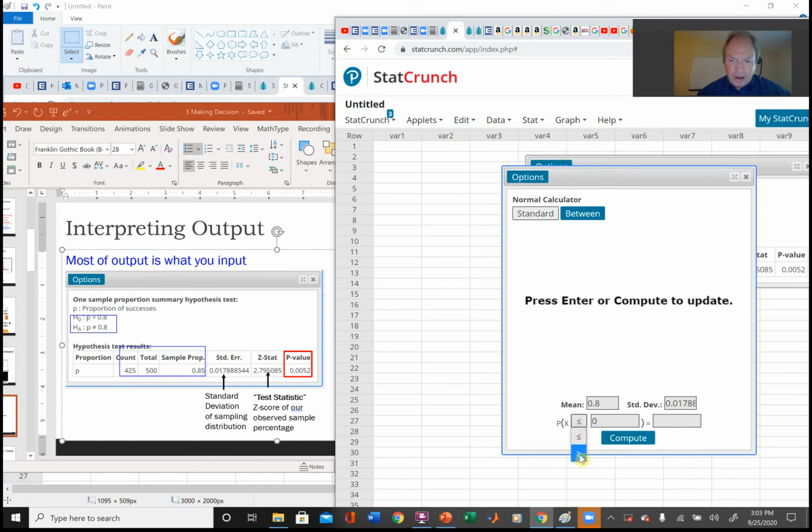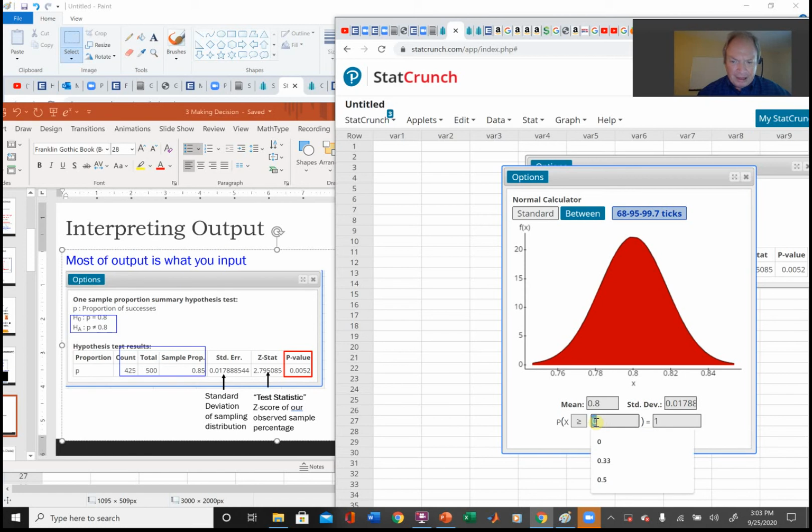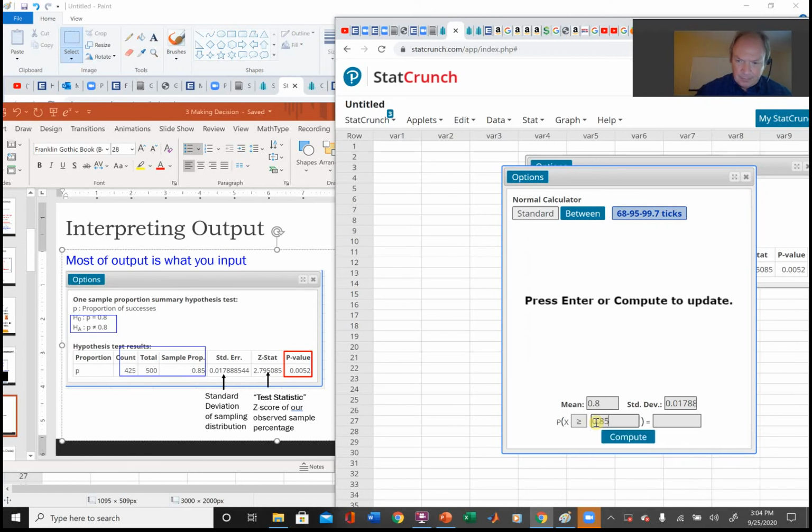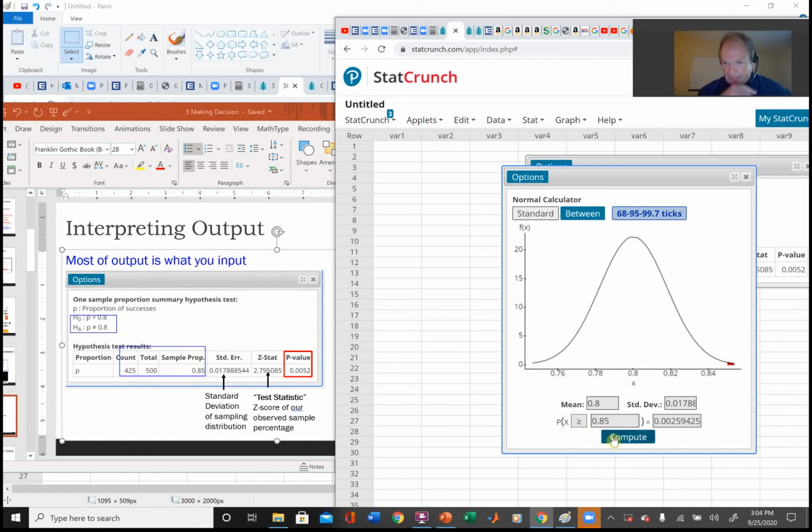And I'm going to enter greater than, and I'm going to have to multiply it by 2, okay? So when I'm computing the p-value, and I have a hypothesis test where it's not equal to the parameter, I take the value in the tail and I multiply it by 2. So if I took this value right here, this is half the p-value, and multiplied it by 2 for a two-tailed test, okay, I would get 0.0052.